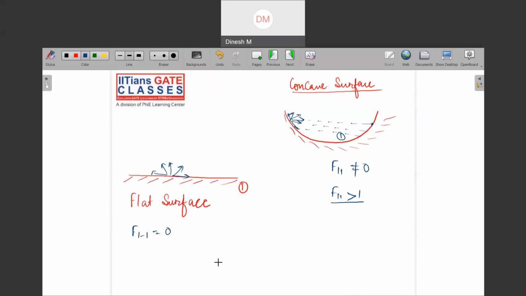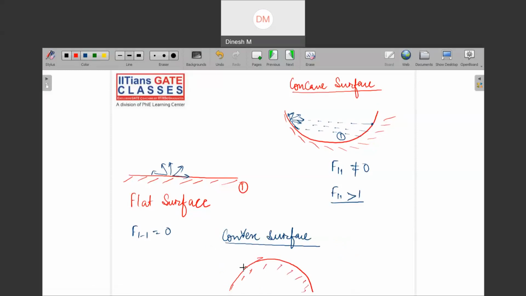Okay, then let us try to understand with another example. Let us say that you have a convex surface, and this convex surface is emitting radiation.